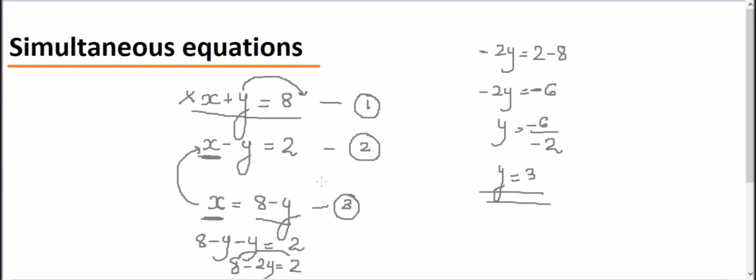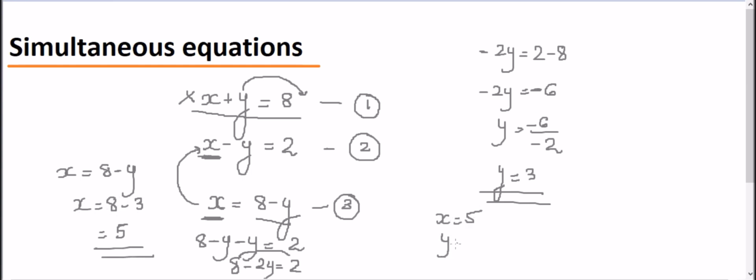Once you get the value of y, substitute this value in any equation. Suppose I put this value in equation 3, x equals 8 minus y, y is 3, so x equals 8 minus 3, which is 5. Hence we get the values x is 5 and y is 3.